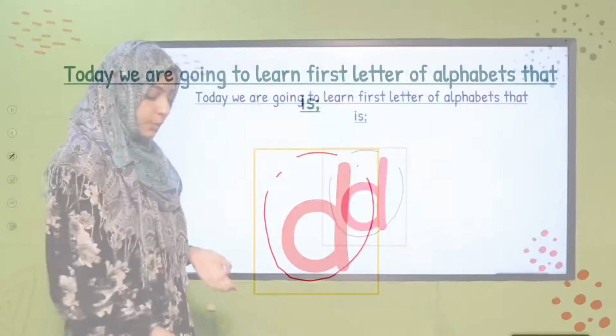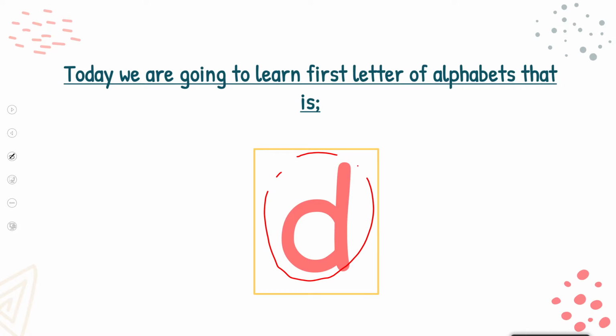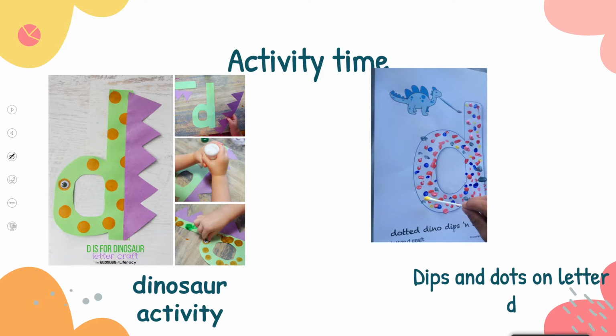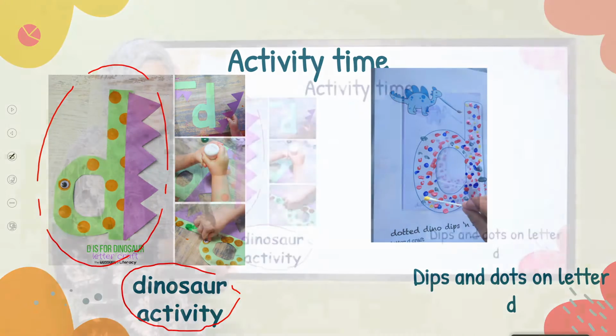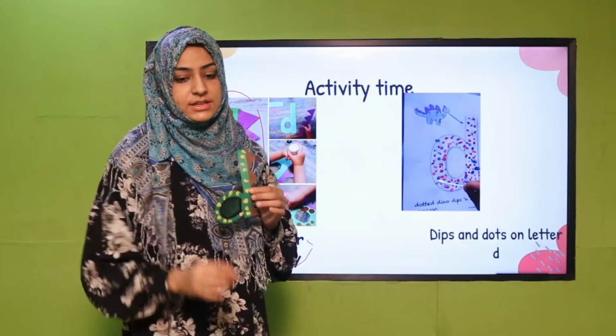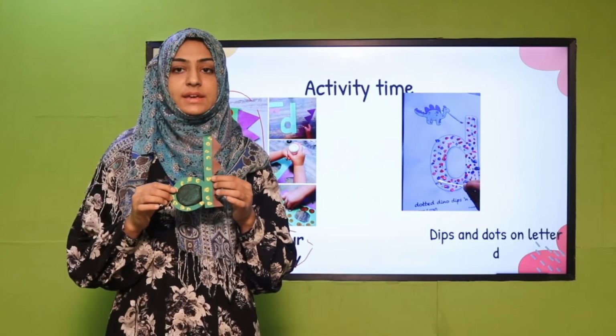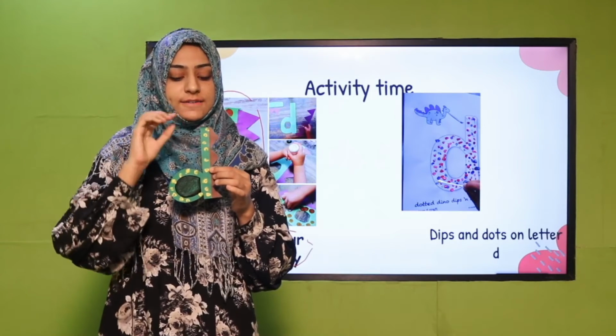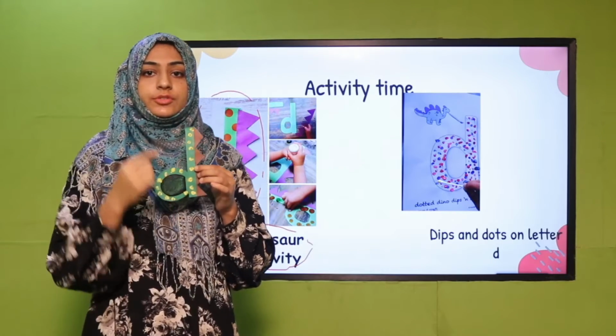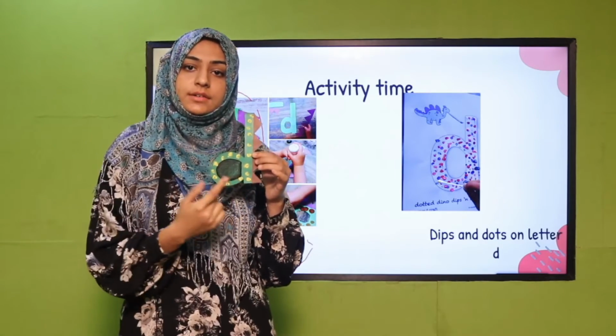Okay, and now we are also going to perform some activities for the letter D. First of all, on your screen you can see this dinosaur activity. I have made a cutout of D. First of all, you need to trace it on any color paper.